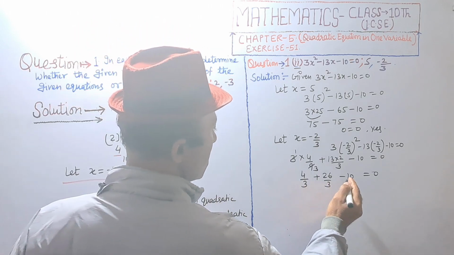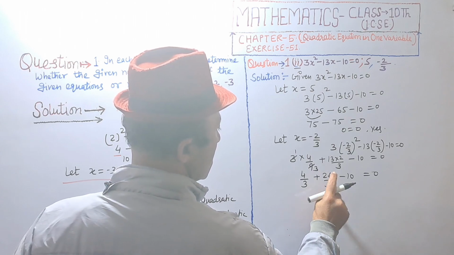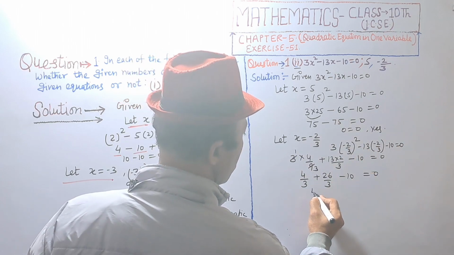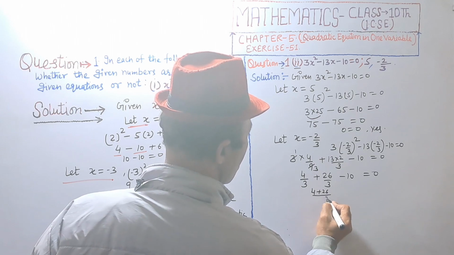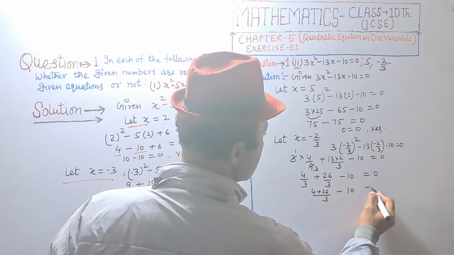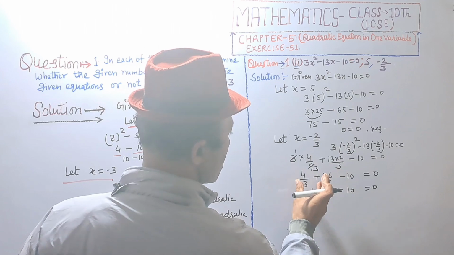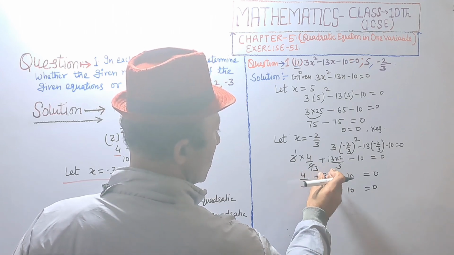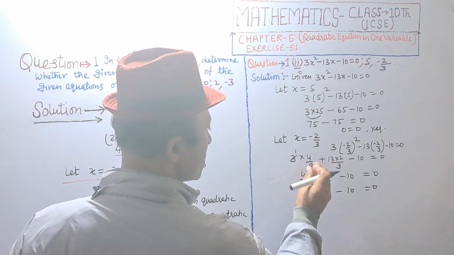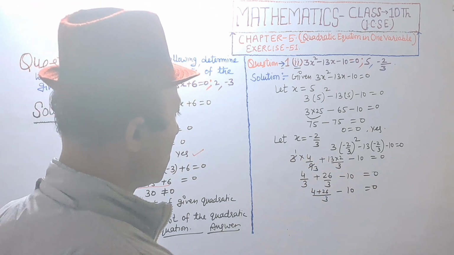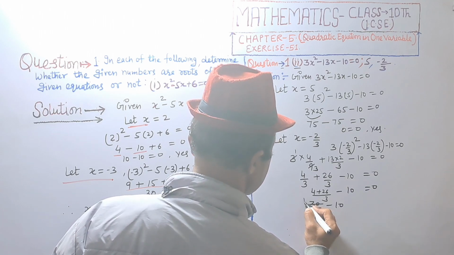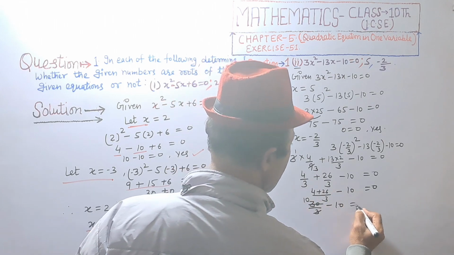And LCM is 3. We are solving the first two, positive positive: 26 plus 4, that is equal to 30, and 30 divided by 3 is 10, minus 10 equal to 0.